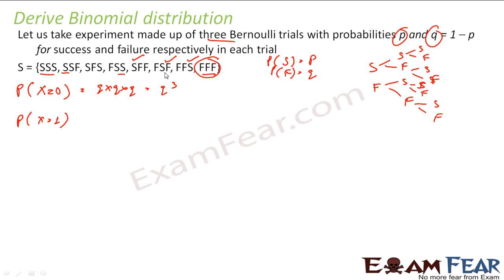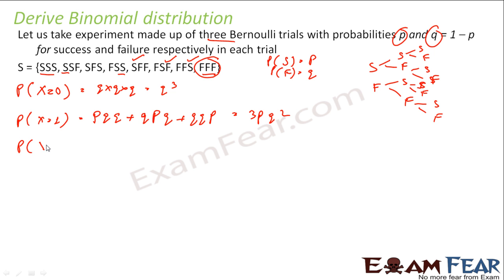If you take this guy, that means you get SFF, that is success, failure, failure. This guy, failure, Q, success, P, failure. This guy, failure, failure, and success. This is nothing but 3PQ square.